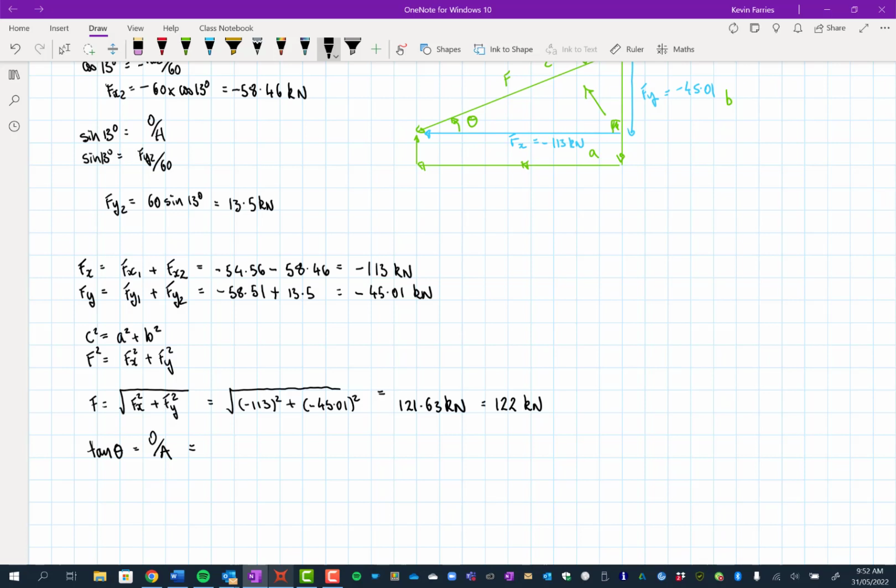Those negatives are just going to cancel out. I'm writing on my negatives this time. Sometimes it makes a little bit more sense if you just say the arrows are telling me what direction, so I don't need the negative in there. So we'll just say 45.01 divided by 113.